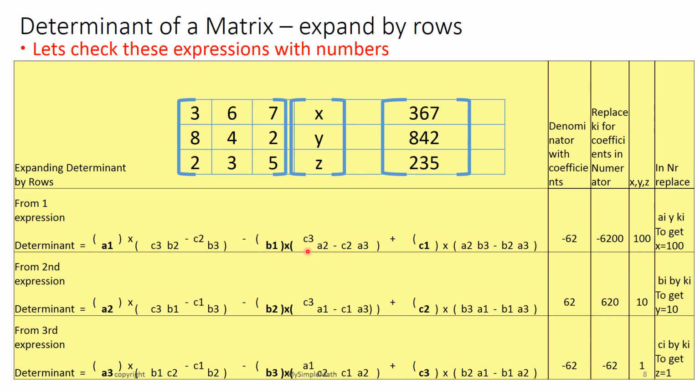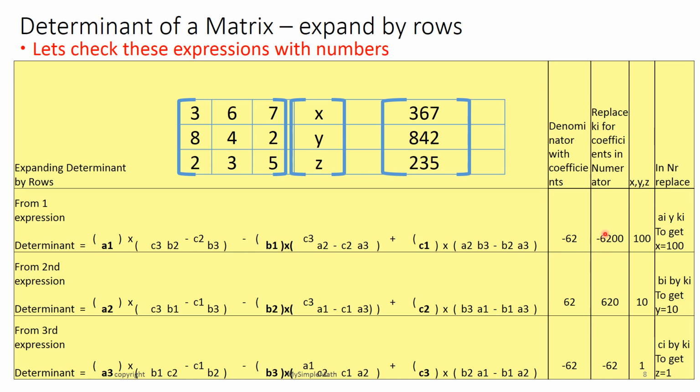Now here there's a little bit of a tricky thing. For the expression for x, you would represent all the a's by k's. That is, a2 right here has to be replaced by k2, a2 right here has to be replaced by k2, a3 right here has to be replaced by k3, a3 right here has to be replaced by k3, and a1 right here has to be replaced by k1.